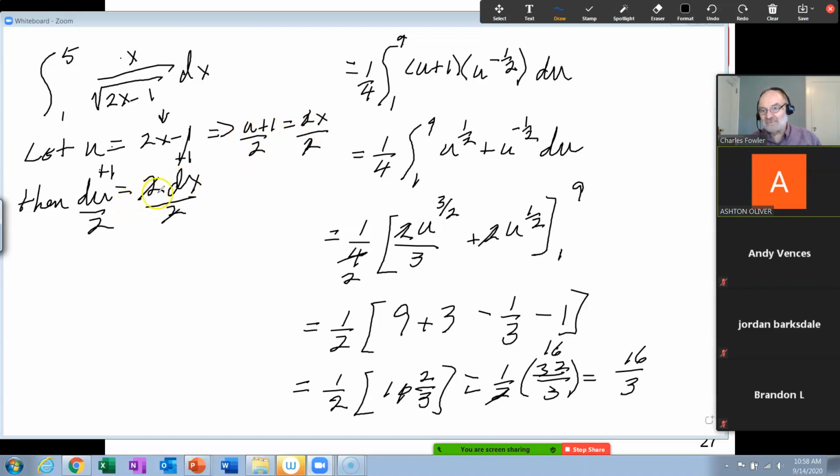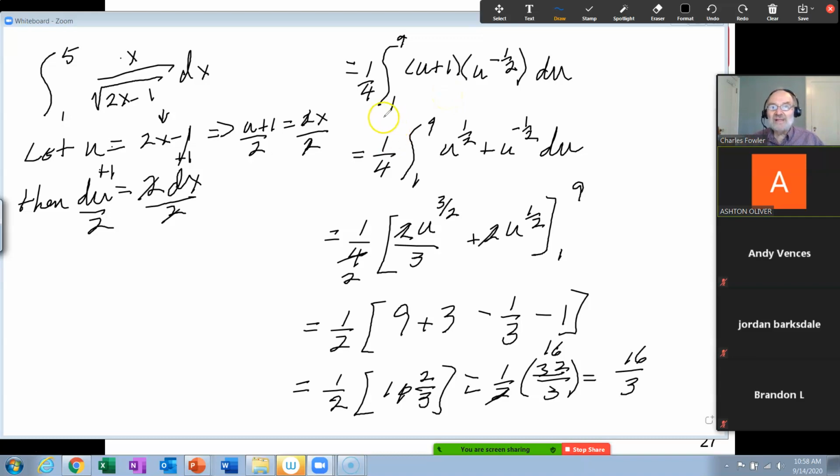Your dx was du over 2, so you have 2 over 2's here, so that's going to be a 1 over 4. And your numerator here is going to be u plus 1. Your denominator was the square root of u, which is u to the 1/2. Well, u to the 1/2 in the denominator is u to the minus 1/2 in the numerator. Always get it up in the numerator if you can.